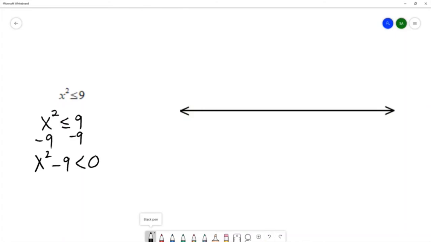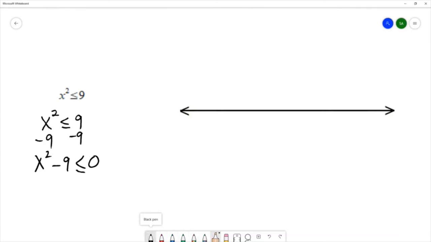I need to have a 0 over here, because this is the part that's going to tell me what I'm looking for. If I'm looking for above the x-axis, below the x-axis, or on the x-axis. So I'm looking for, in this example, less than 0.